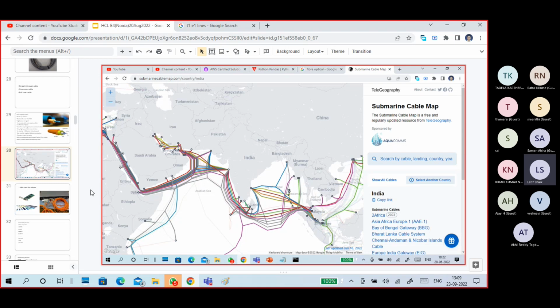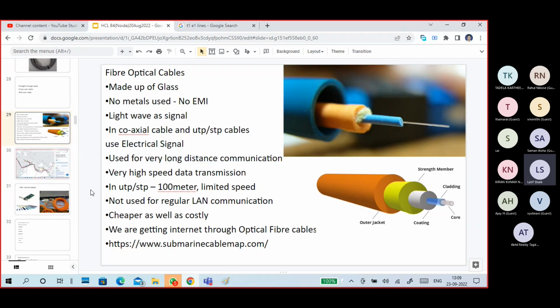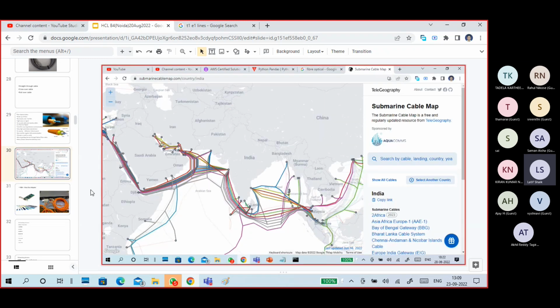But now we are getting internet through cables only. These cables are connected country to country, continent to continent over the seas. You can use a website called Submarine Cable Map, where you can see how these cables are connected.